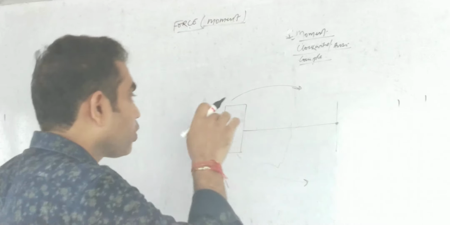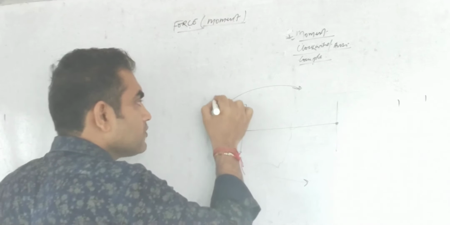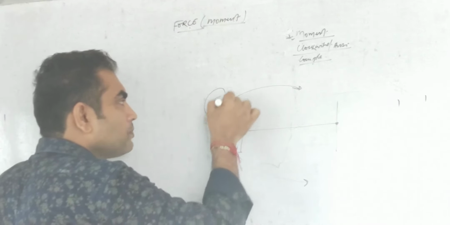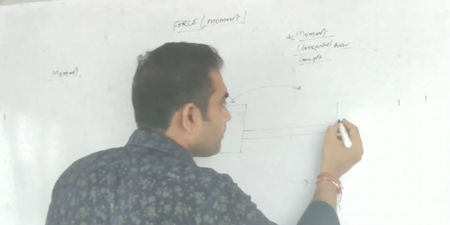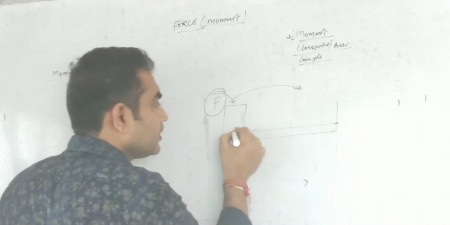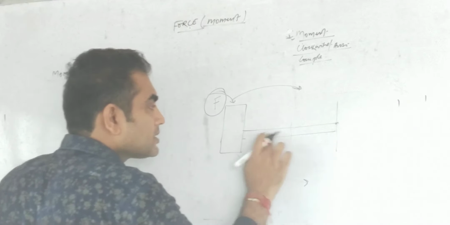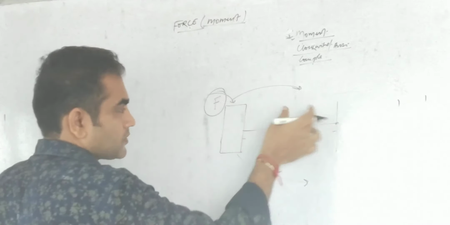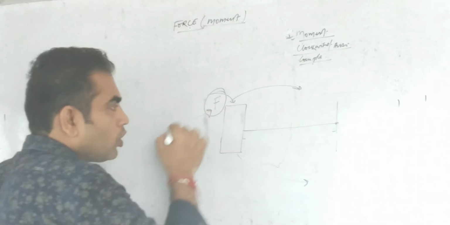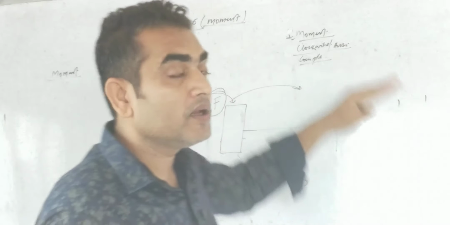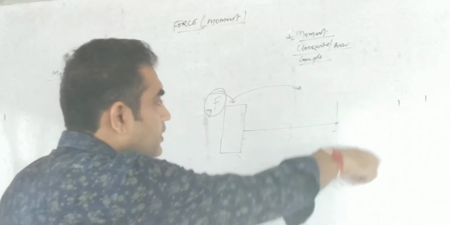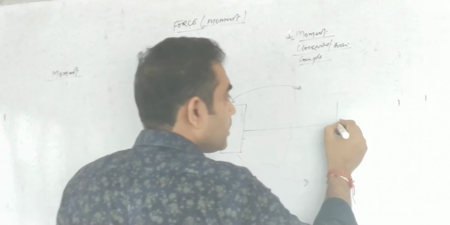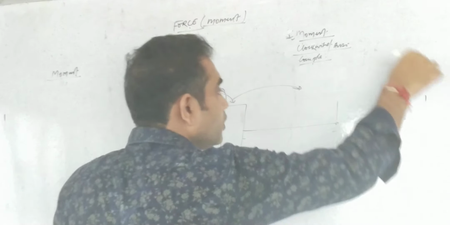So we are doing two things. Force is being applied on the object, and there is a distance between the pivoted point and the object. There are two factors: force is applied on the object and the object rotates in a particular direction around the pivoted point, in a continuous manner.